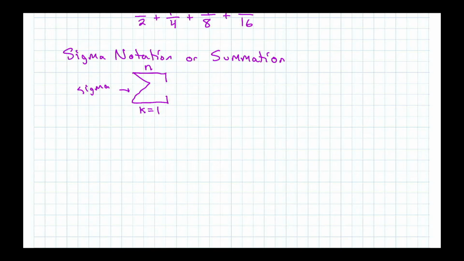The k is an index variable, usually just called the index. This is the starting value, the starting index. And at the top, you have the ending index.